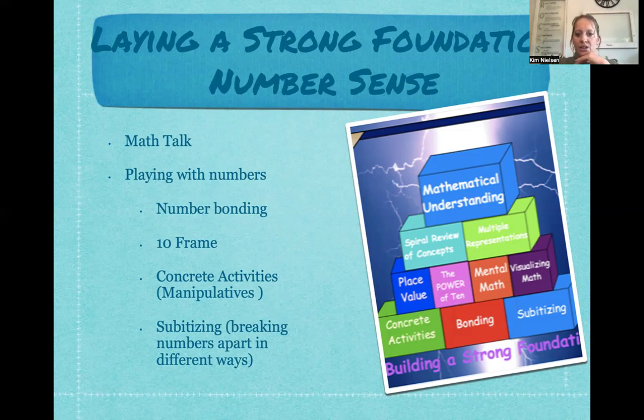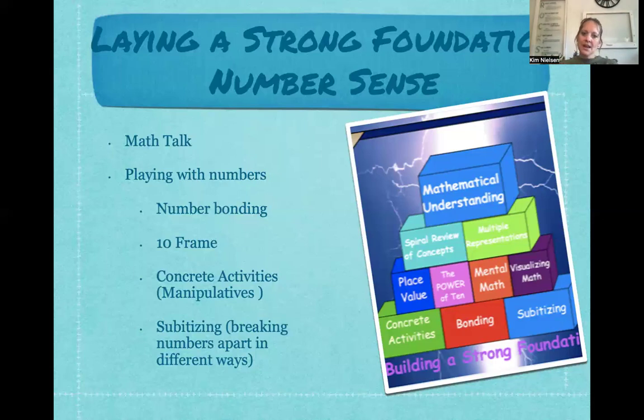And so again, you can see the first is really number sense. Just like we talked about before, it uses concrete activities, number bonding, and what's called subitizing. This is really just playing with numbers. So in kindergarten, the kids even learn these key concepts of number bonding, so breaking numbers apart and showing their connections together.